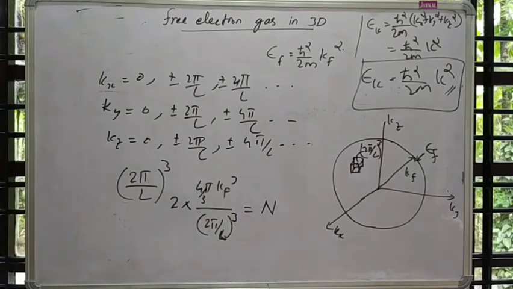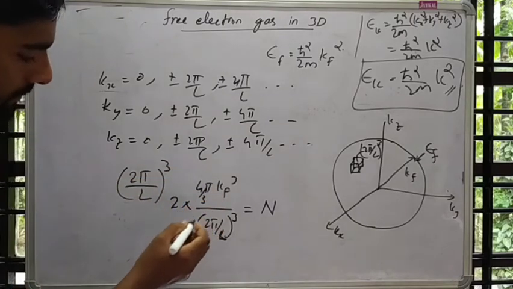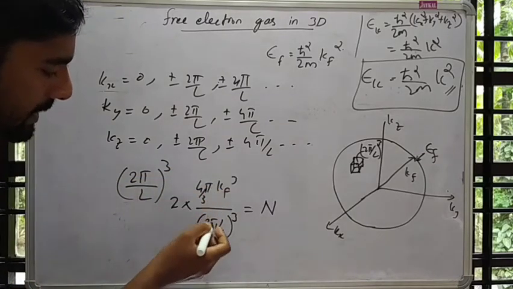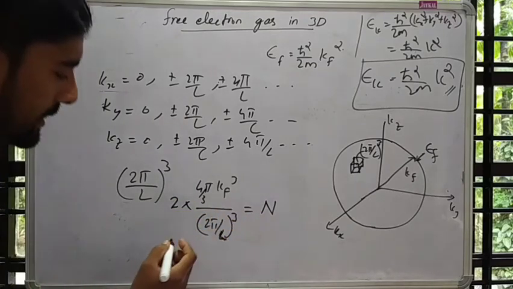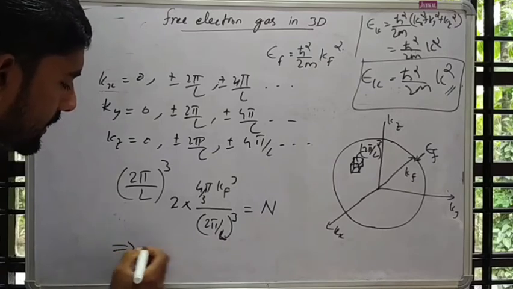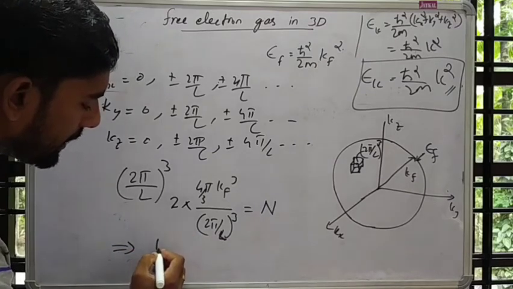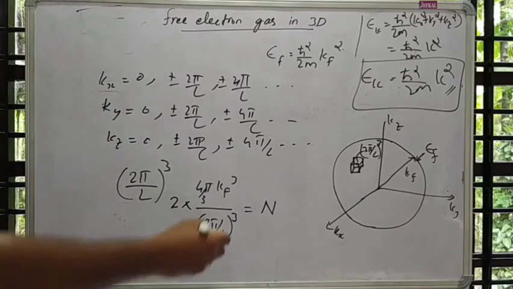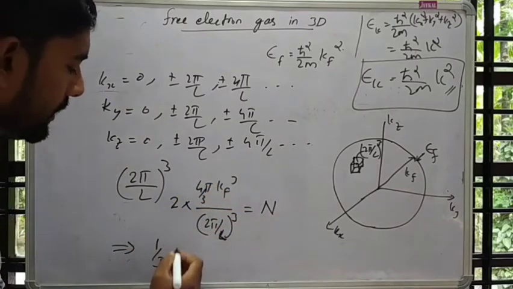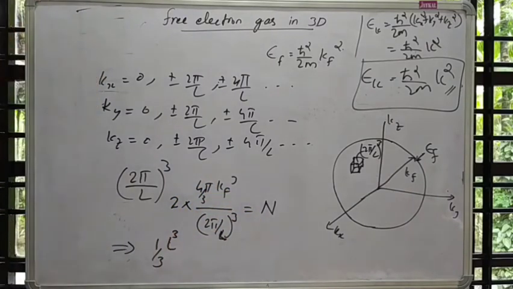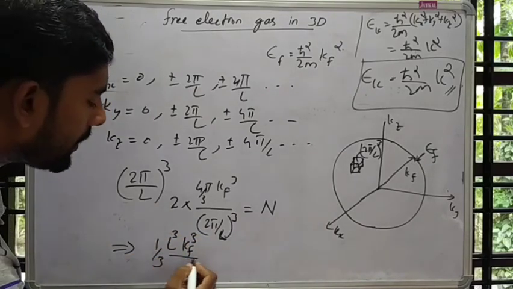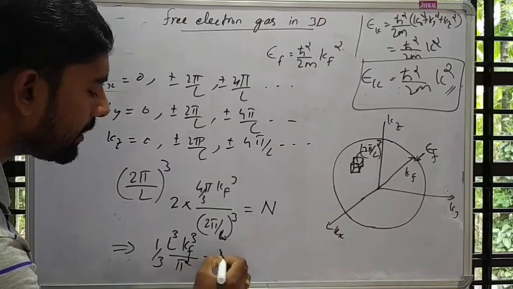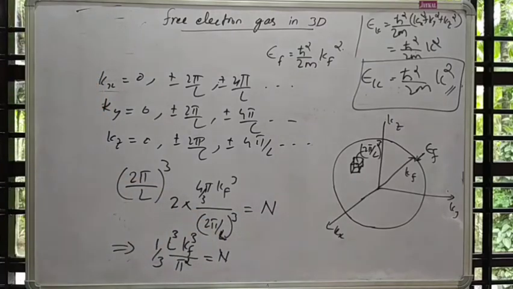Okay, so we will get 2 into 4, 8, and 2 cube, that will get cancelled. And this implies 1/3, L cube, kF cube over π square is the number of electrons or number of orbitals.